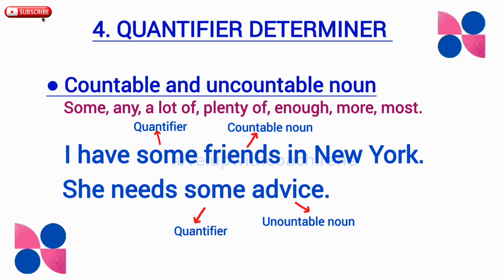Quantifiers give information about the quantity or amount of a noun. They help to specify how much or how many of something is being referred to. Note that the choice of quantifier depends on whether the noun is countable or uncountable.